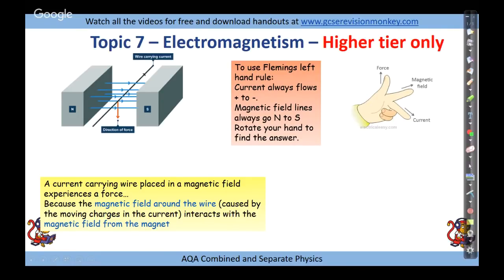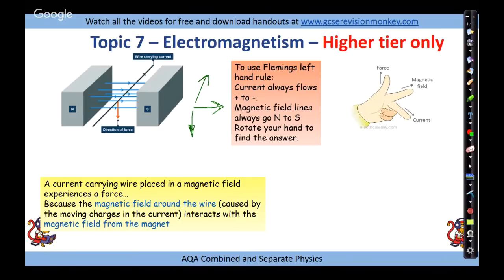Okay, now your magnetic field lines always go north to south. So you're going to flick your first finger, your pointing finger, and that's going to go to that side. So your middle finger should be pointed into the screen. Your first pointy finger should be pointing to the right, meaning your thumb now should be already pointing down.